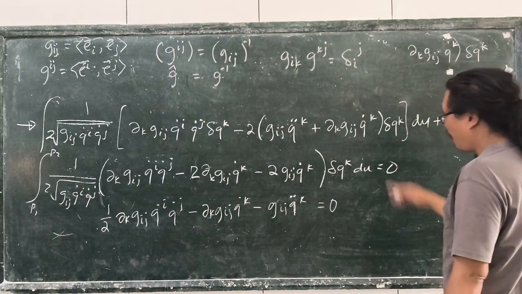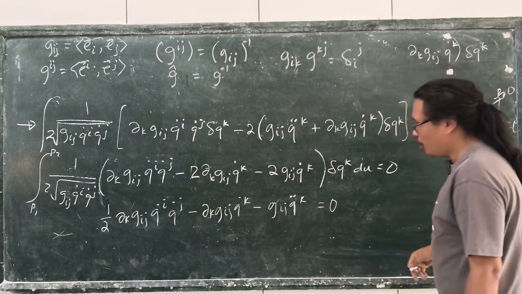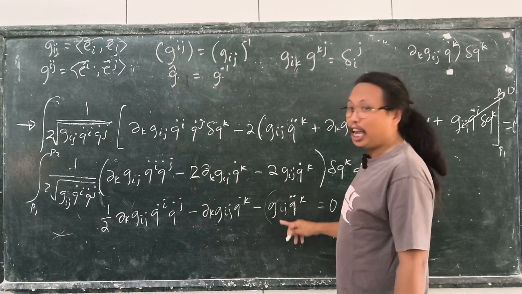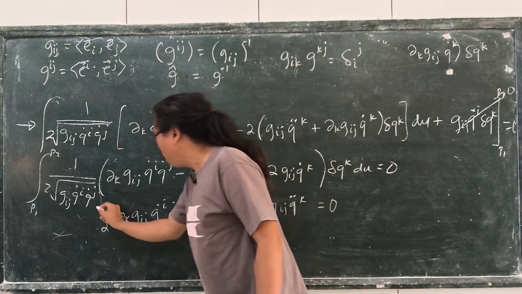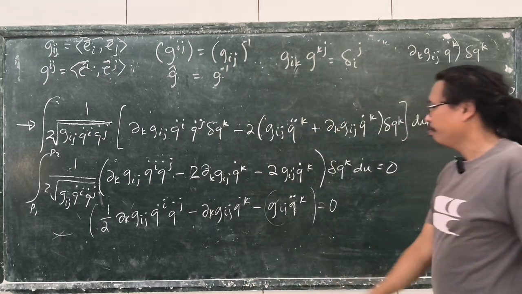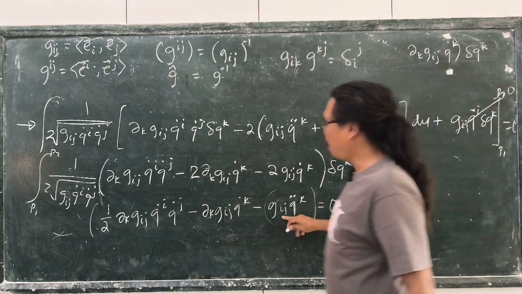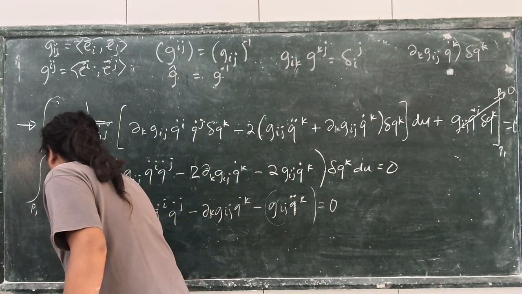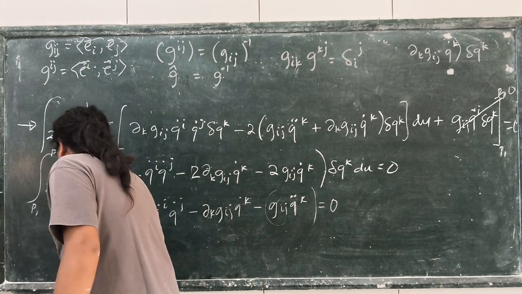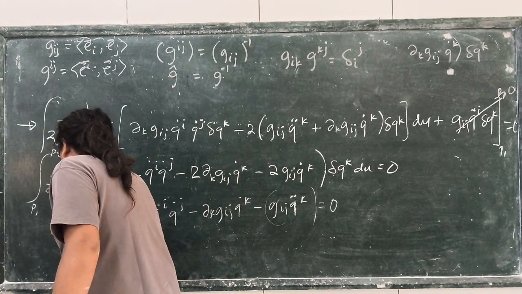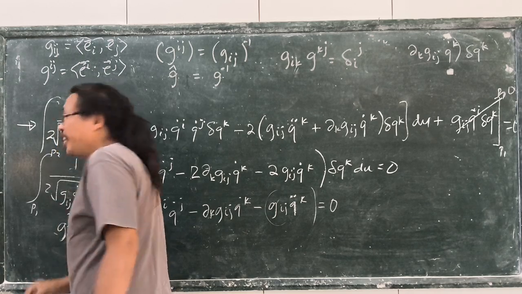Okay? So we have this. So saan ang buhaton? I want to remove it here. So say multiply na ako, I'm going to multiply both sides by G superscript J, G J K, right?